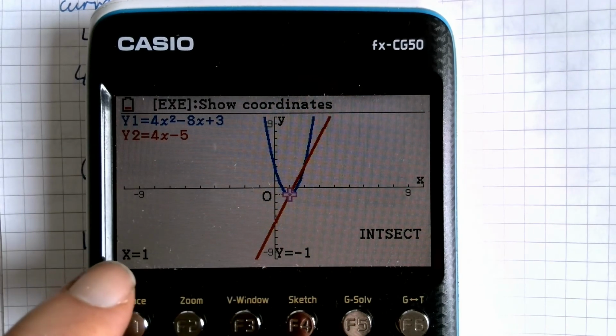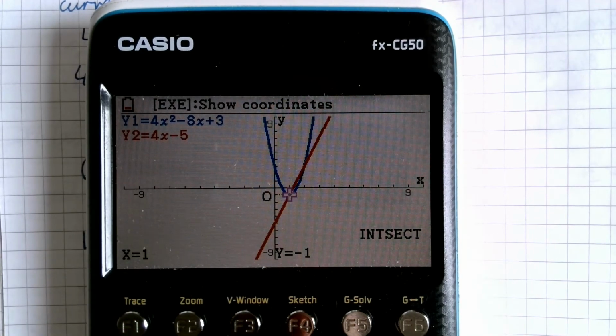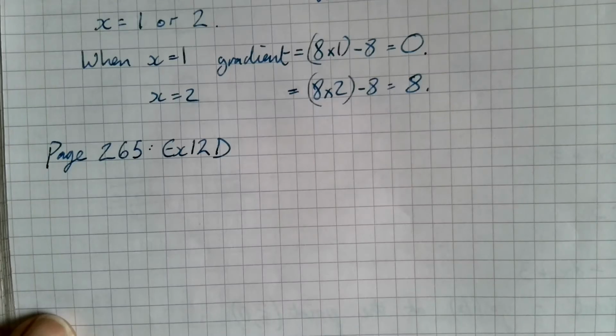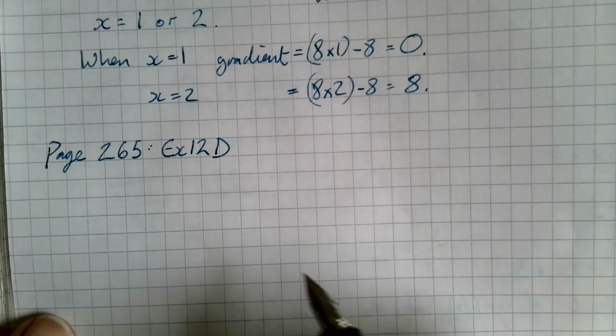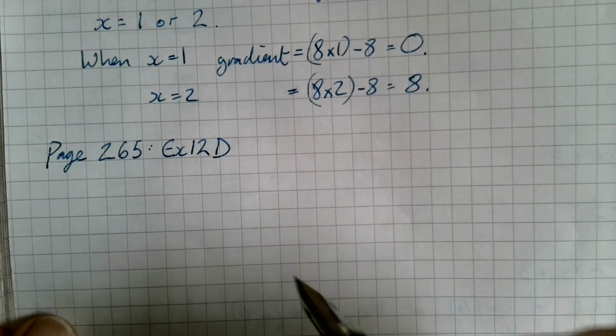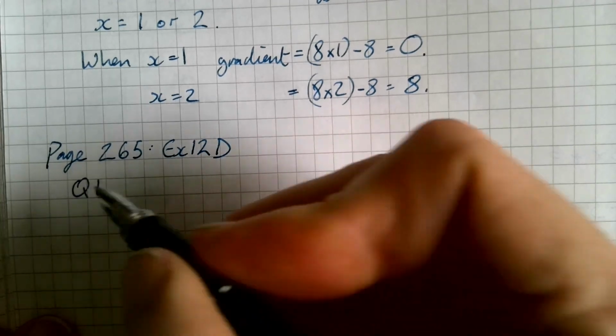So there's your x is 1, and if I press E across there, it takes us to 2, 3, and that's that bit done.